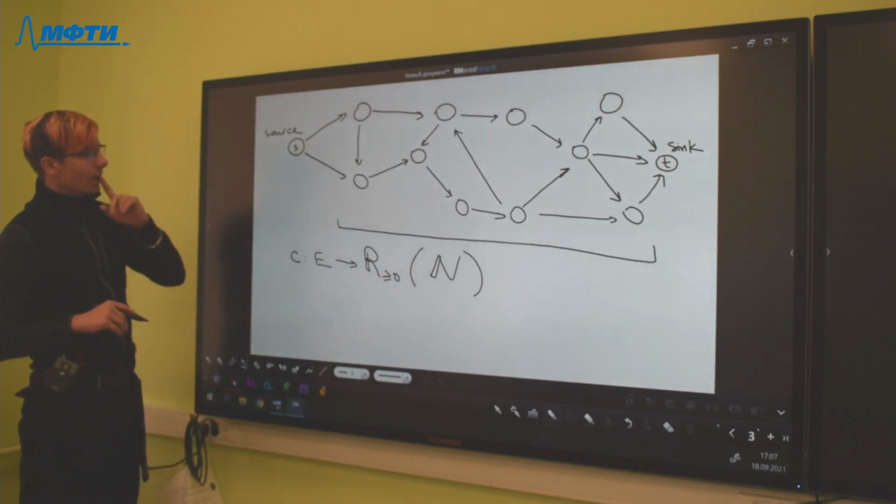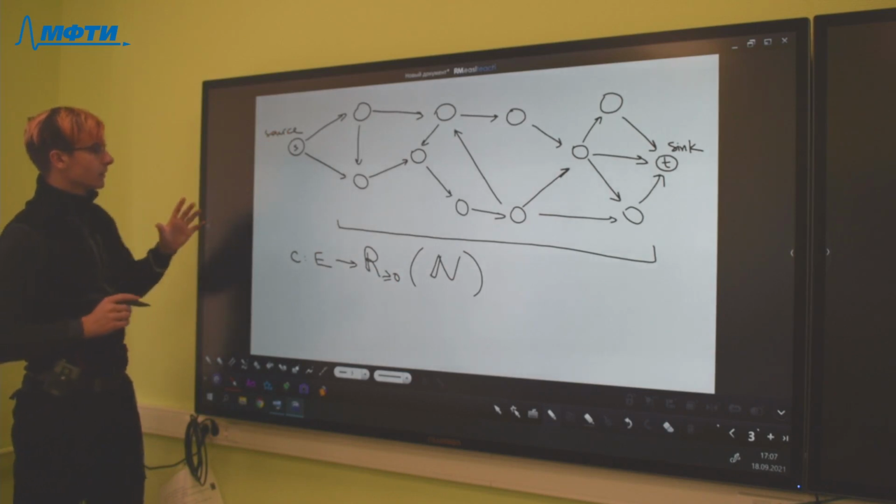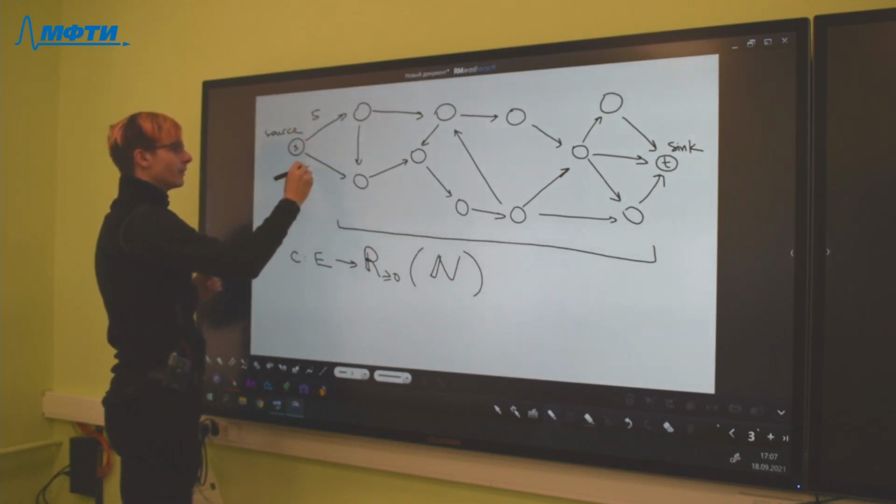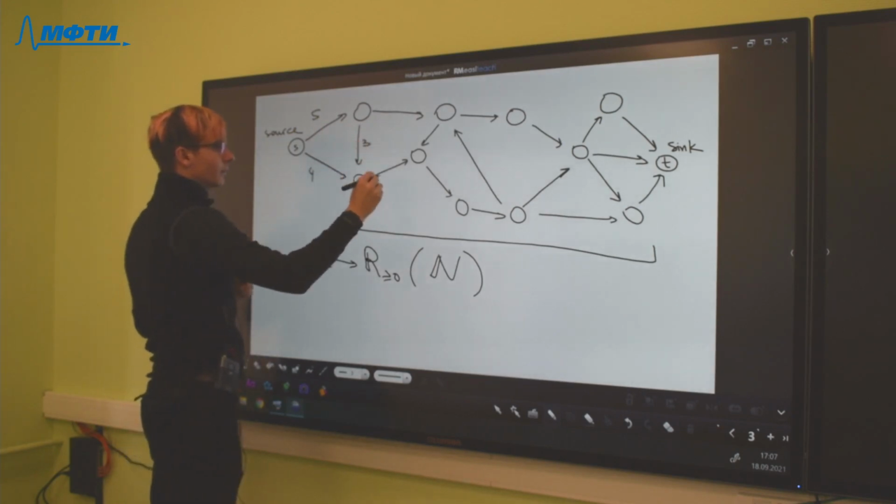For example, I can draw capacities of this graph: 5, 4, 3, 2.